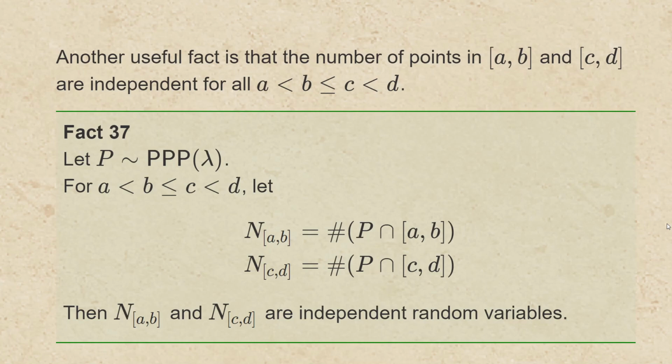Formally, we say that if P is a Poisson point process of parameter lambda, for A less than B, less than or equal to C, less than D, if we let N sub AB be the number of points that fall into the interval from A to B, and N sub CD be the number of points that fall into the interval from C to D, then N sub AB and N sub CD are independent random variables.